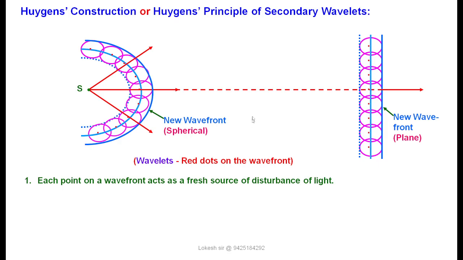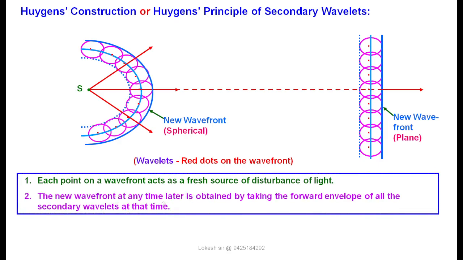Okay. So now what is the Huygens construction principle? Write this principle. First, each point on the wavefront acts as a fresh source of disturbance of light. Each point, these wavelets become a fresh source of disturbance of light and they create their own circles. So they become a source.